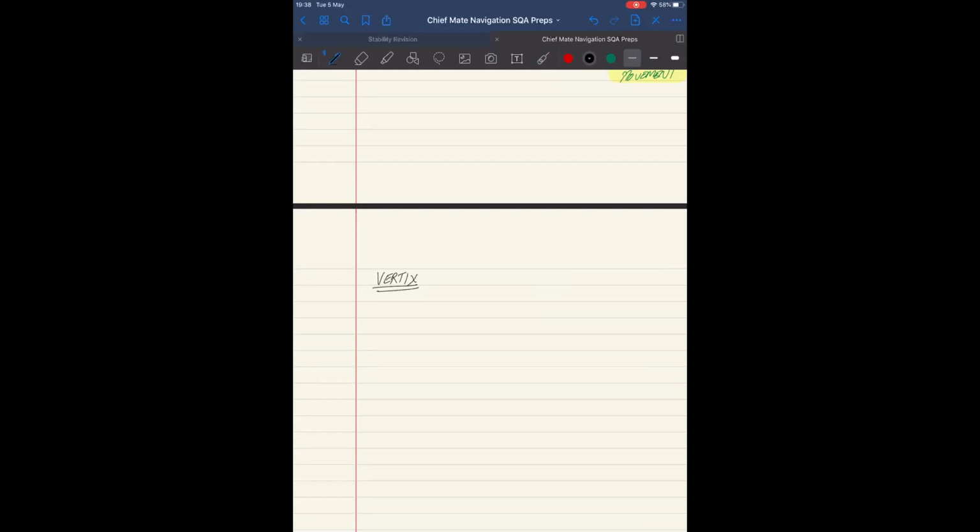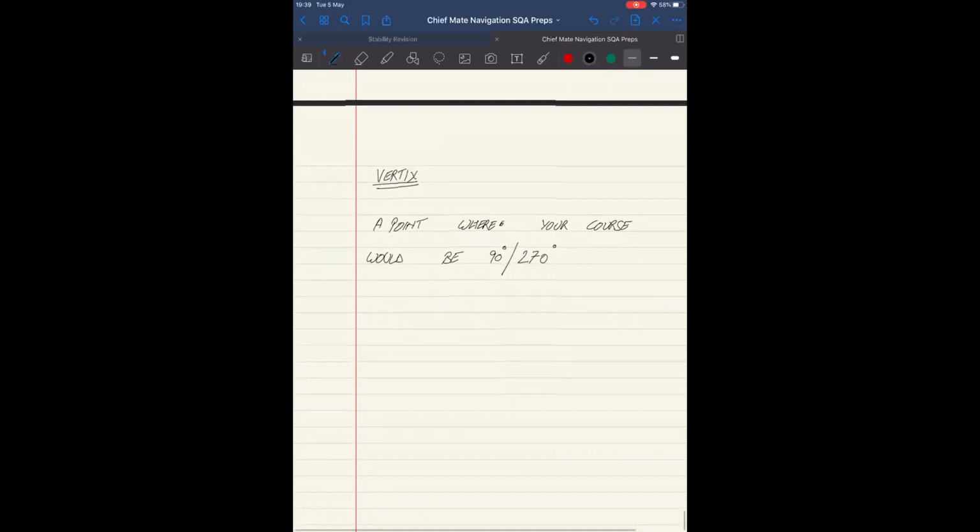The vertex is a point where your course would be 90 degrees or 270 degrees. That's the point. Some people say that vertex is actually the highest latitude that is achieved during the passage. It may not be the case because of the following reason.